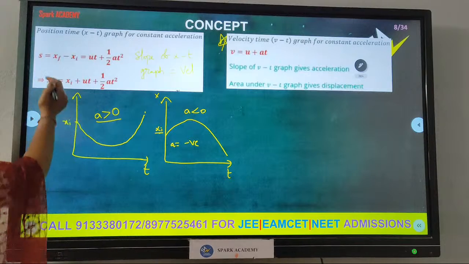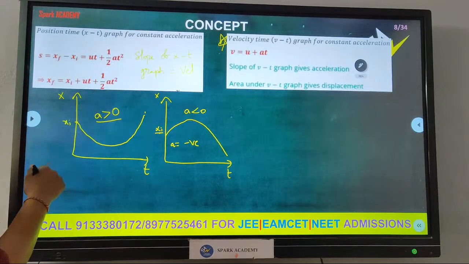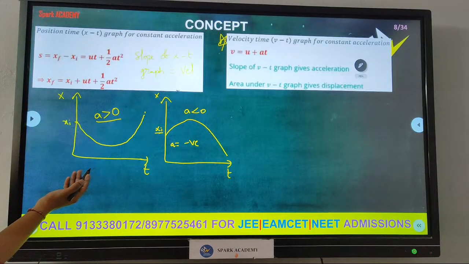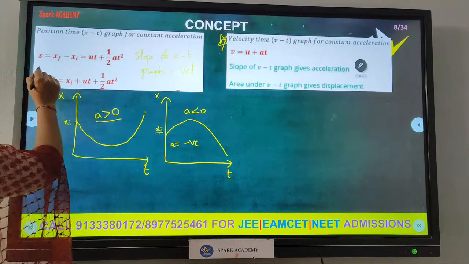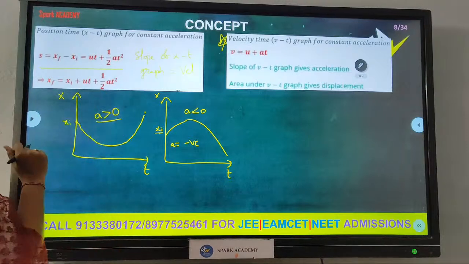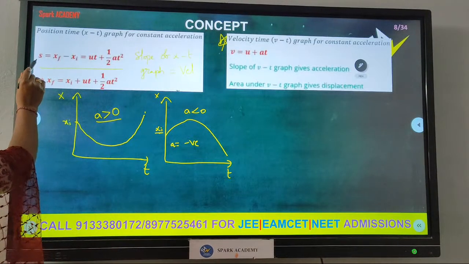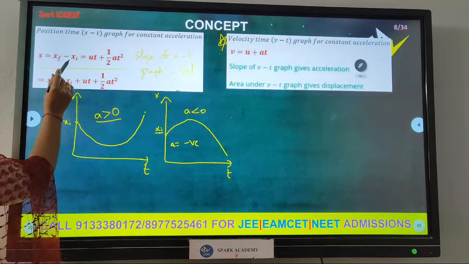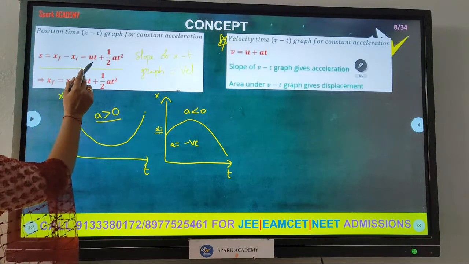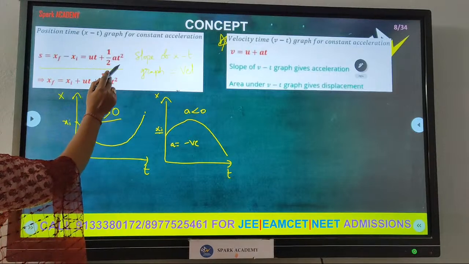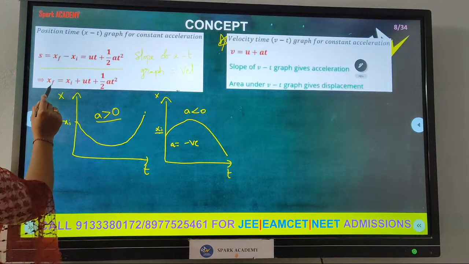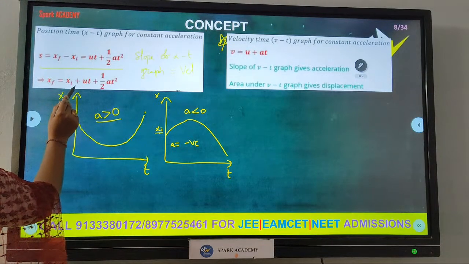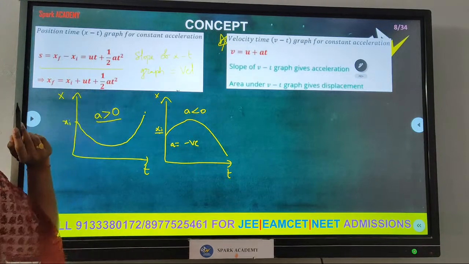If they give the position time graph and ask what the final position of the object is, we have the equation to find the position. We take the displacement equation: change in position, final minus initial position, is equal to ut plus half at square. From this we can write final position equals initial position plus ut plus half at square.